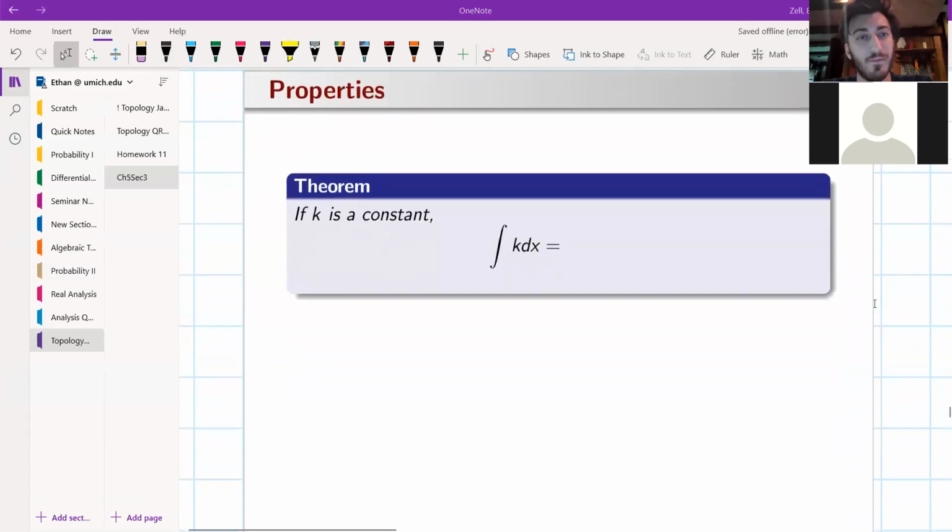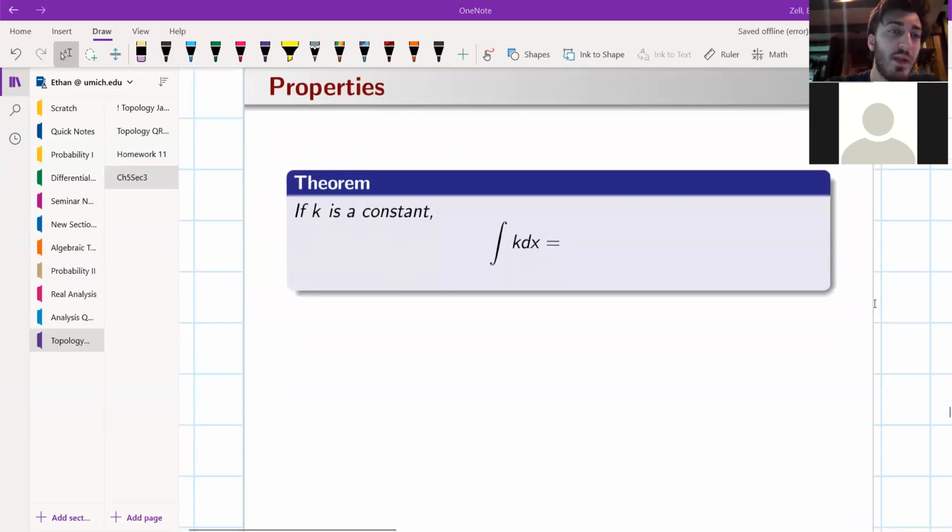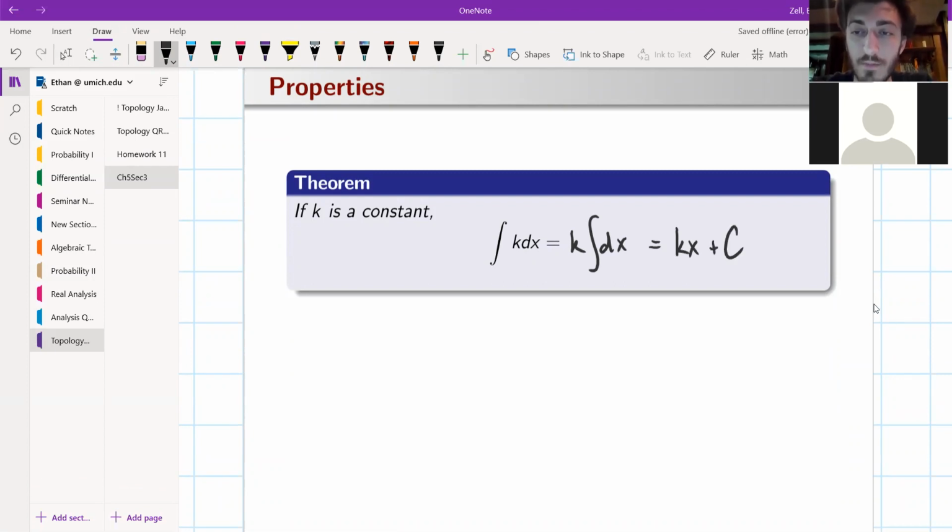All right. So just as we had with the definite integral, if we have a constant, and I'll say this in a moment with the linearity slide, we can pull it out. And the integral of 1 dx, right? This is just x, so it's kx plus c.